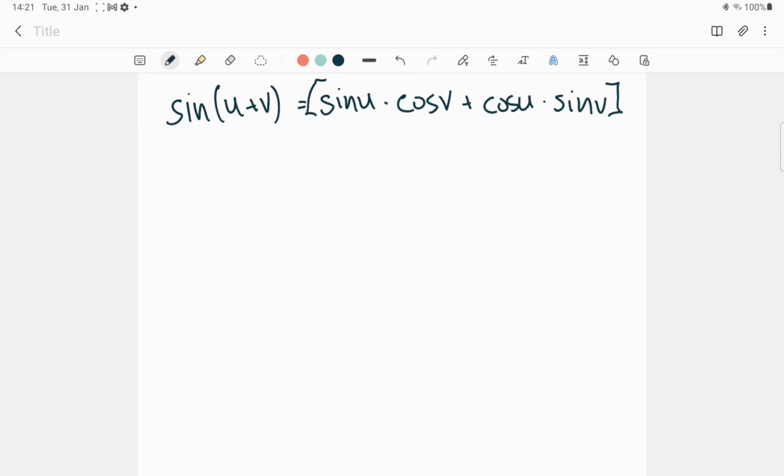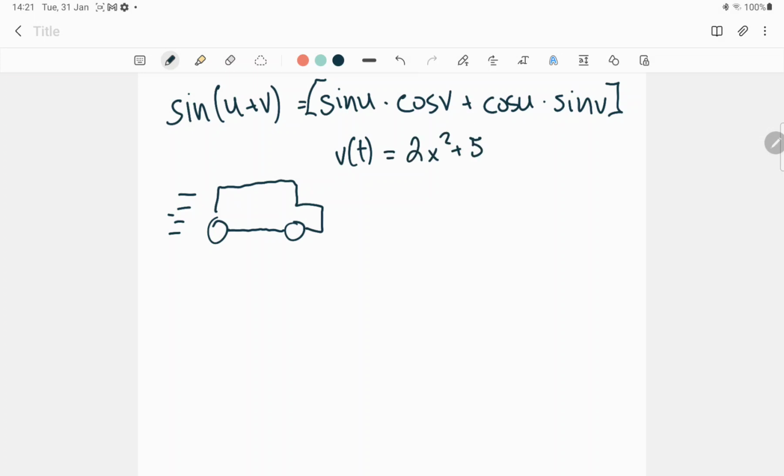Now, what does the derivative even tell us? It's just a quick example of what the derivative can tell us. Imagine you have a car going at some speed. Let's say the velocity is given by the function 2x squared plus 5. Right.